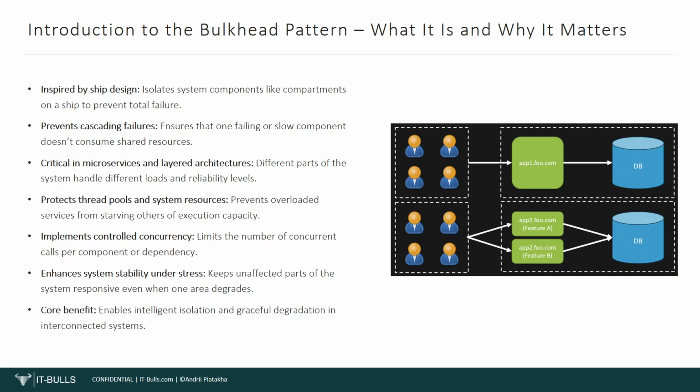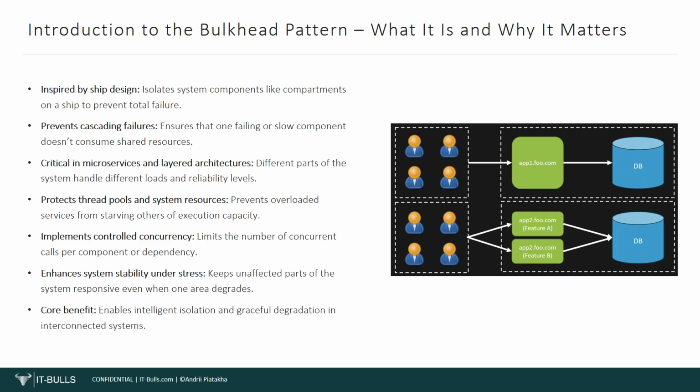It enforces resource partitioning. It limits how many concurrent calls or threads each part of the system can use, thereby containing the impact of failures. Instead of letting one troubled component overwhelm the system, we say, you can have this much, no more. The rest of the system remains responsive even when some parts are under stress.